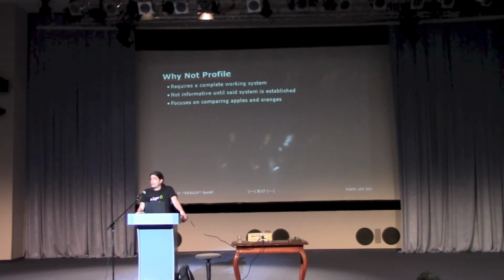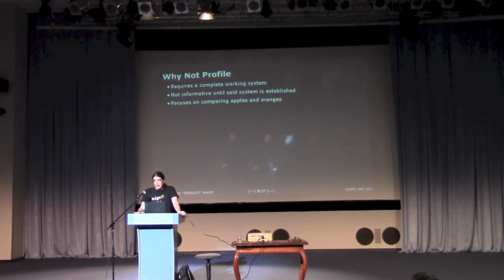why am I talking about benchmarking, and not about profiling? Because generally, when you have something that's slow, you want to profile it first and see which part is slow and so on and so forth. The premise of profiling is that, first of all, it requires a complete working system. So you have something with its business requirements already fulfilled, it's already running, and it's slow, and you want to see which part is running slow, right? So you can fix it.